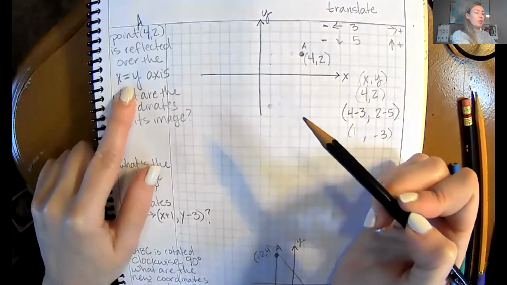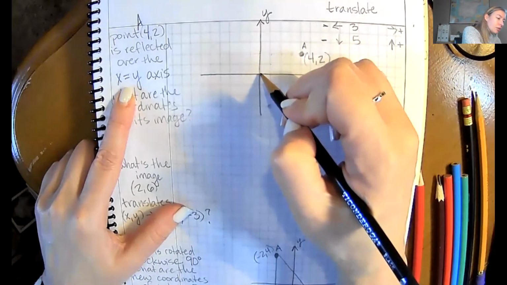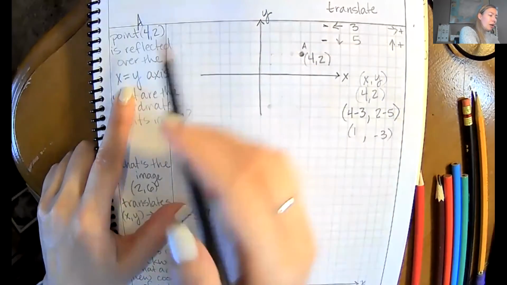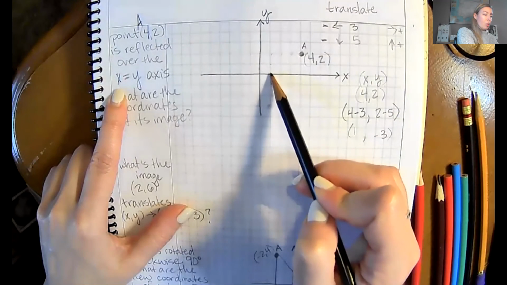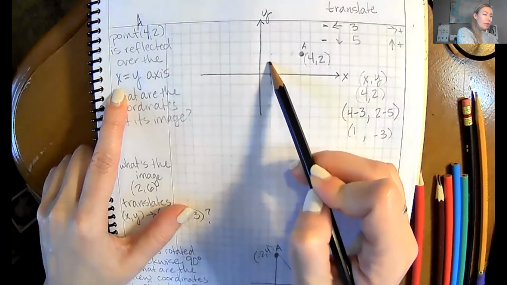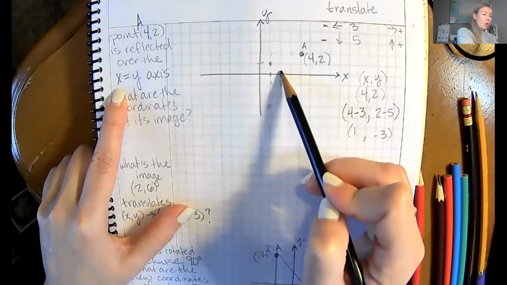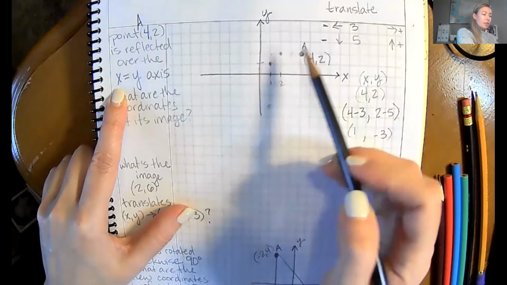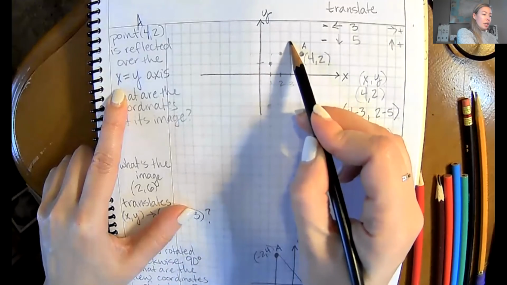But this one is reflected over the x equals y axis. That is the one that goes through when x equals y, when x is 1, y is 1. And there's that little spot. When x is 2, y is 2. And there's that spot. When x is 3, y is 3. And there's that spot.